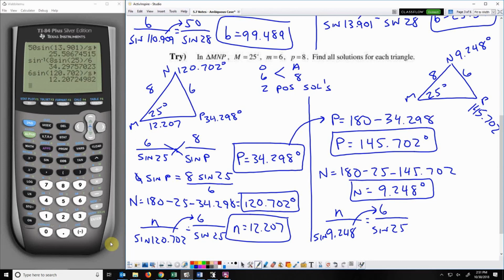So I multiply across. 6 times sine 9.248 divided by sine 25. 2.282.